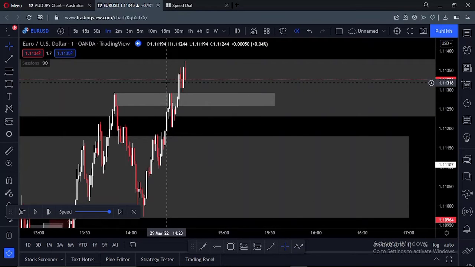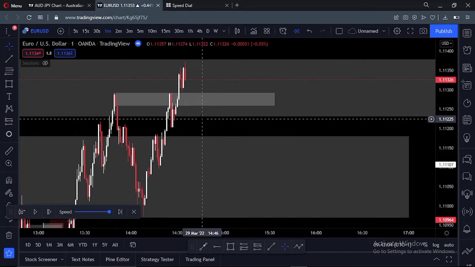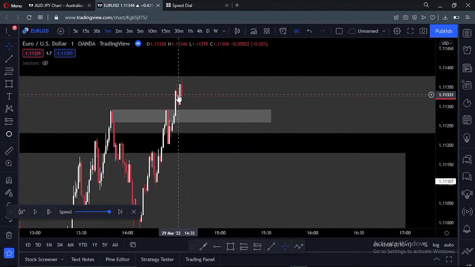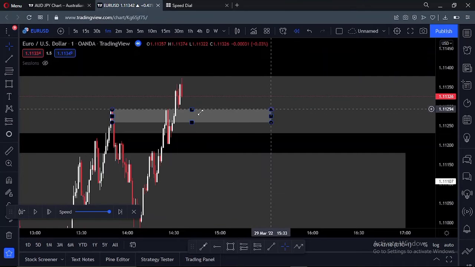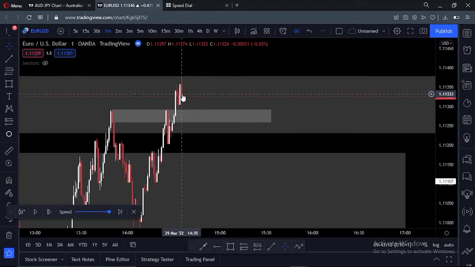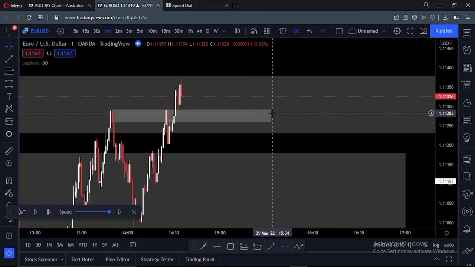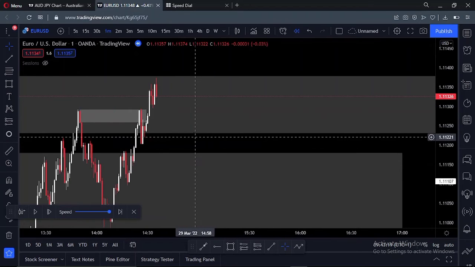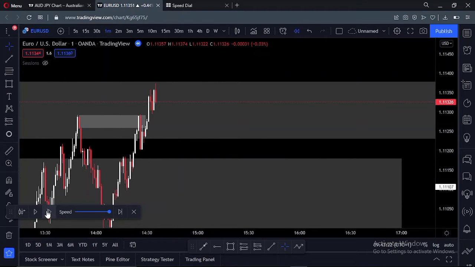Then price invalidated that zone too. Now, let me still watch what price wants to do, how price is aiming to develop, because this was less than 30 minutes till my trading session ended, right? So I was still waiting to see what price wants to do.